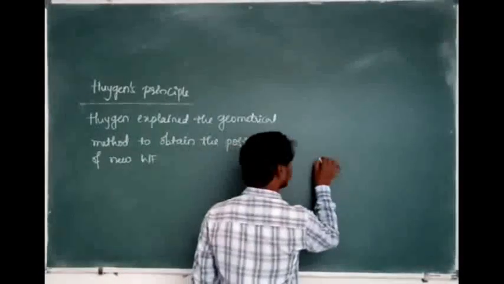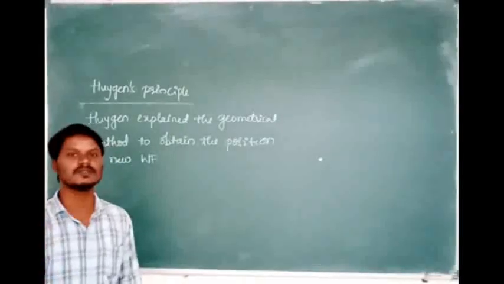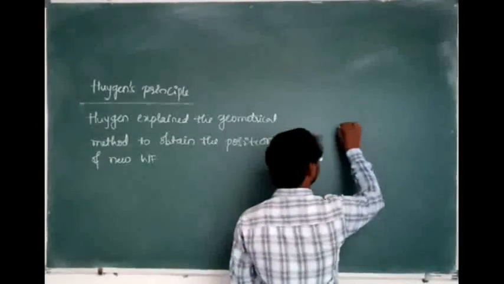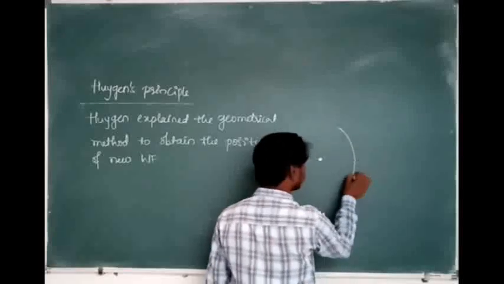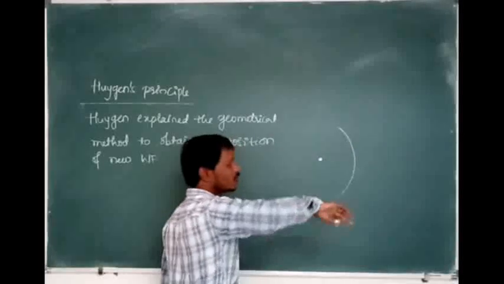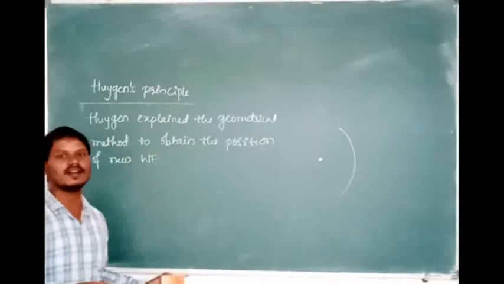See here, it is a point source. This point source produces which type of wavefronts? Spherical wavefronts. I will take a section of the spherical wavefront, meaning a part of it, because the spherical wavefronts propagate in the r direction.